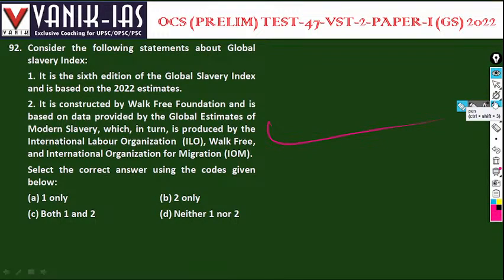So it's not 2020 estimates, it is 2021 estimates. So only the second statement is the right statement.